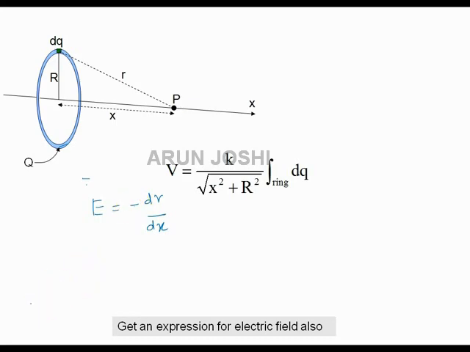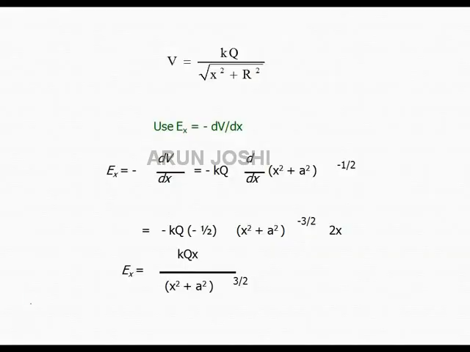Same thing we will do here. So you please differentiate yourself, and I think you will get the same expression which we have discussed, Kq x upon (x square plus r square) power 3 by 2. Let me show it. Please check it. Pause the video and check the result. We have to use this formula a lot: E equal to minus dV by dx.